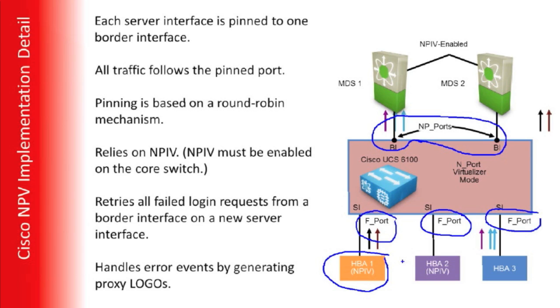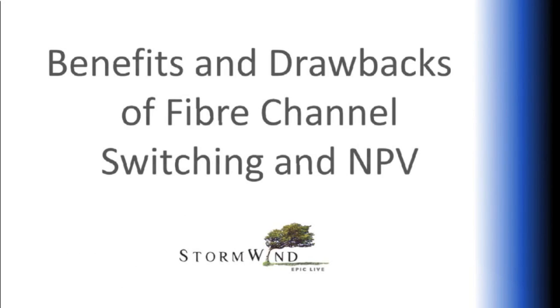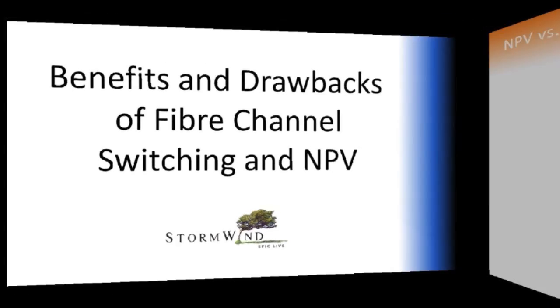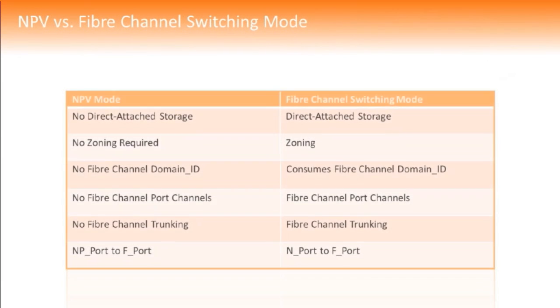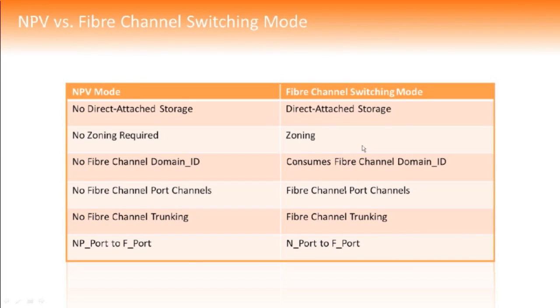So one of the things that ends up happening with Cisco's N-port virtualization technology is that it is extremely scalable. In traditional fiber channel switching environments, we have this consumption of fiber channel domain IDs, for example.